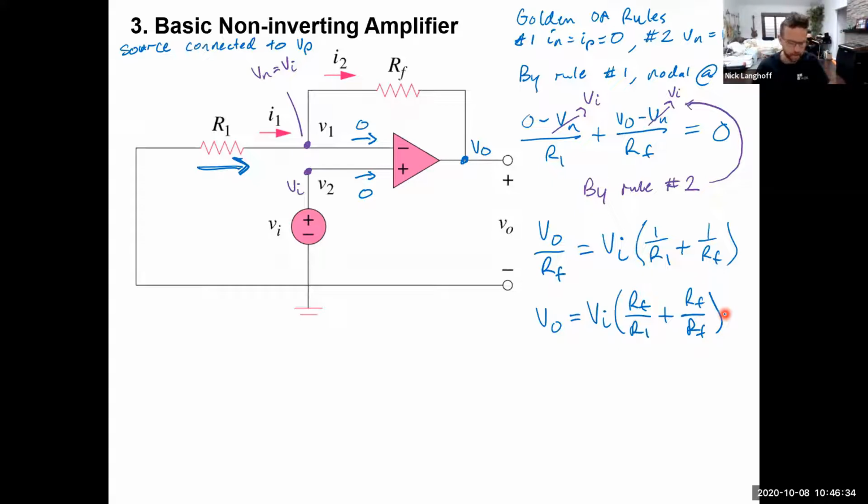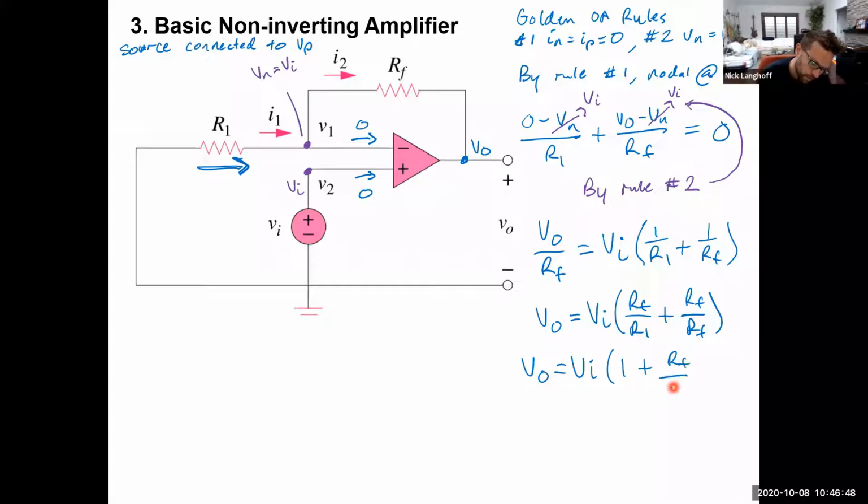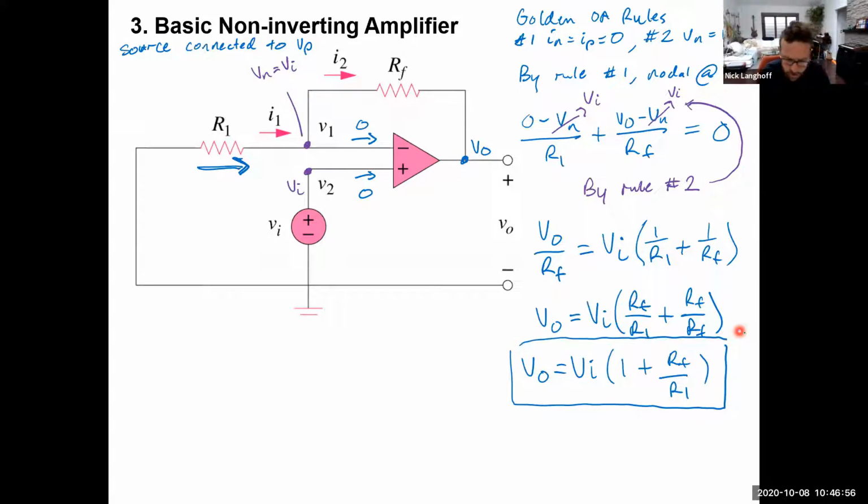That last term is a 1. So we'll write it in standard form. V out is equal to VI times 1 plus RF over R1. That is the formula for a non-inverting amplifier.